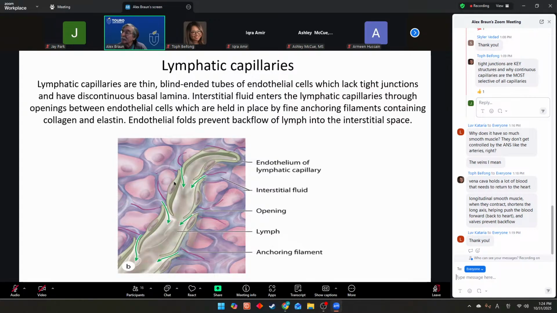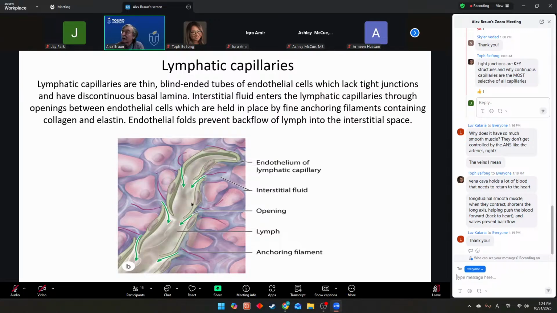So excess interstitial fluid, because of the hydrostatic pressure within the interstitial tissue, forces itself into the lumen of the lymphatic capillaries, and therefore it drains into larger and larger lymphatic vessels, and eventually is returned via the largest lymphatic vessels to the blood vascular system, that is via the right lymphatic duct and the thoracic duct in the two veins of the neck area.